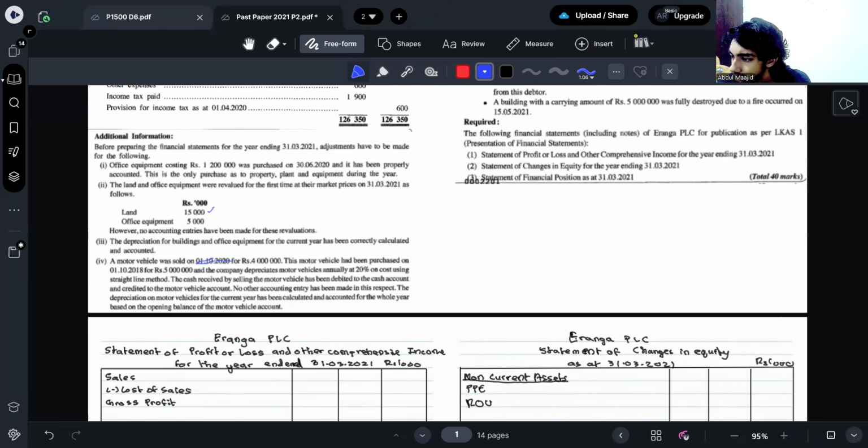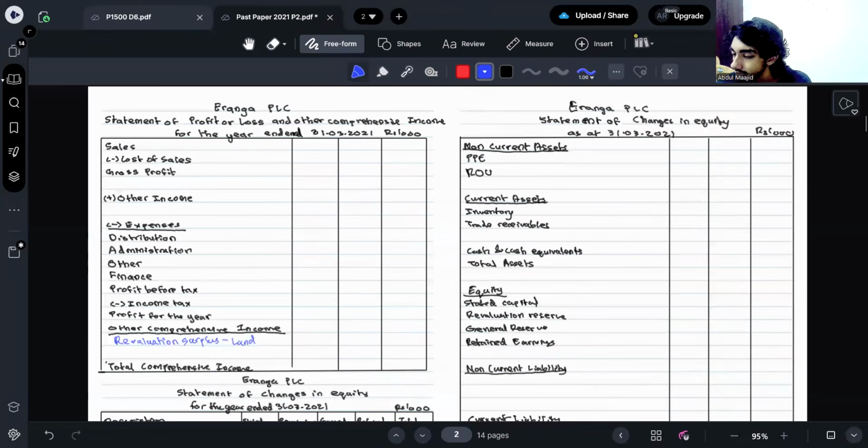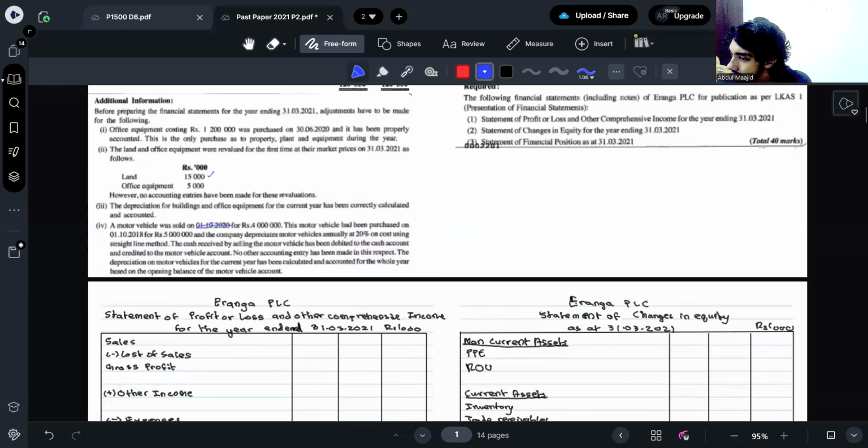The cash received, okay. No other entry has been made in this respect. The depreciation on motor vehicles for the current year has been calculated and accounted for the whole year based on the opening balance of motor vehicle. Now, you are disposing of the motor vehicle in the middle of the year, right?